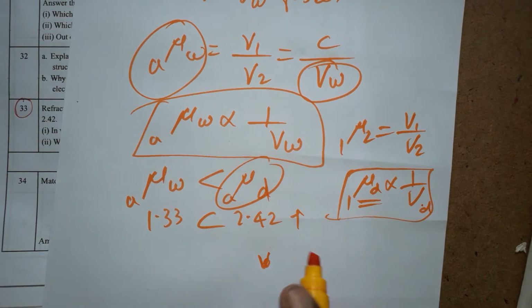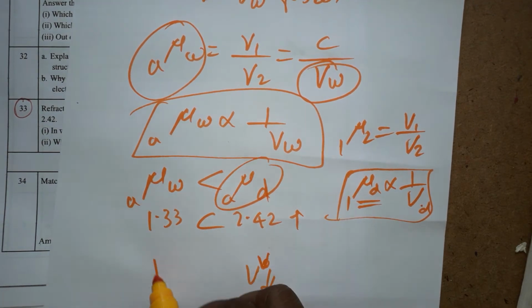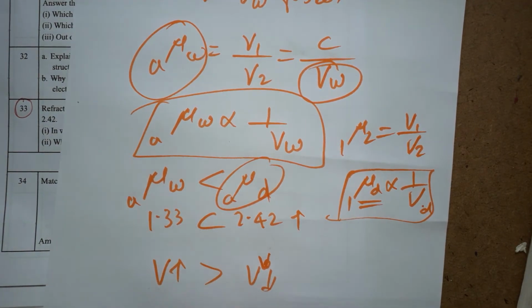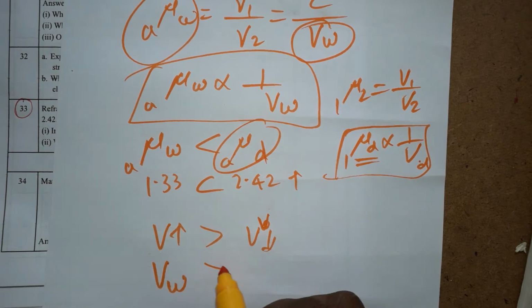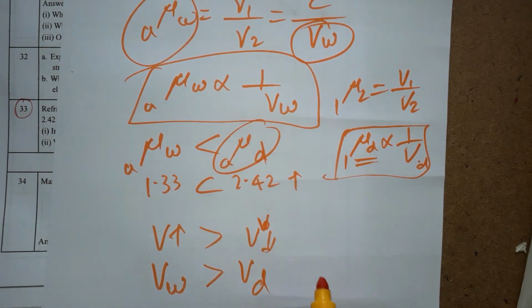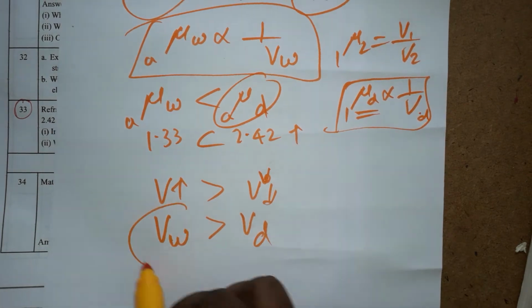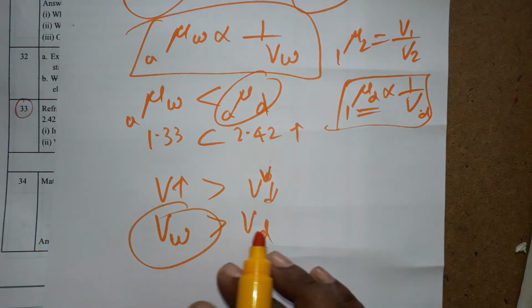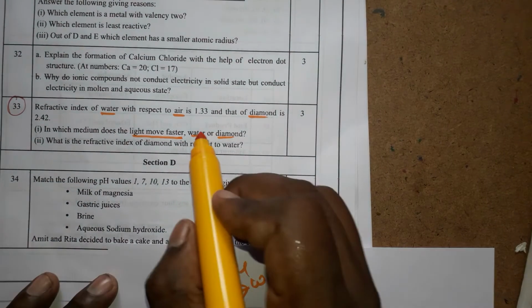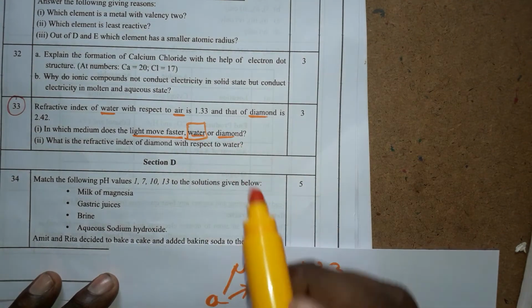More refractive index has less velocity, less refractive index has more velocity. So the velocity of light in water is greater than in diamond. It's a very simple question, and the exact correct answer is water.